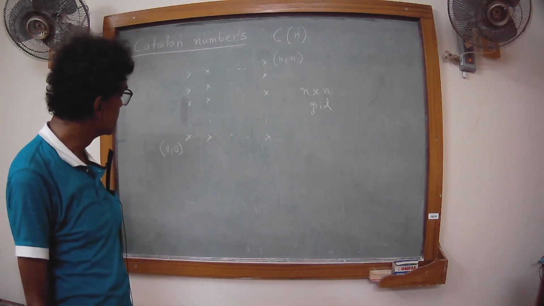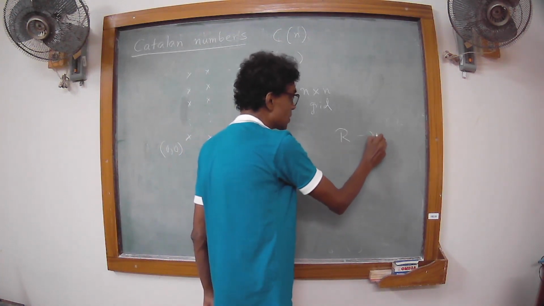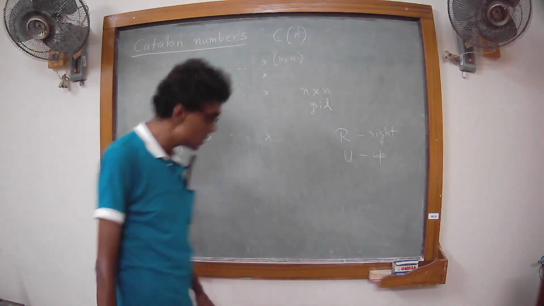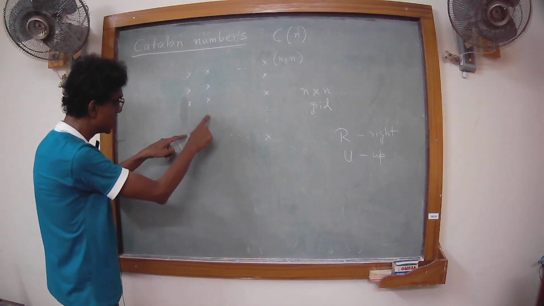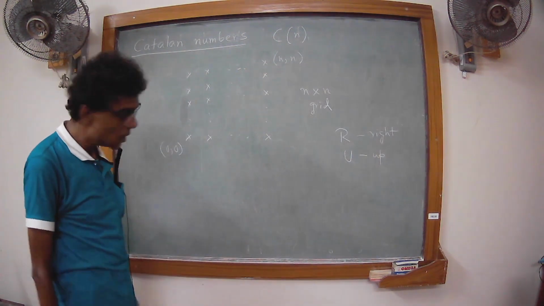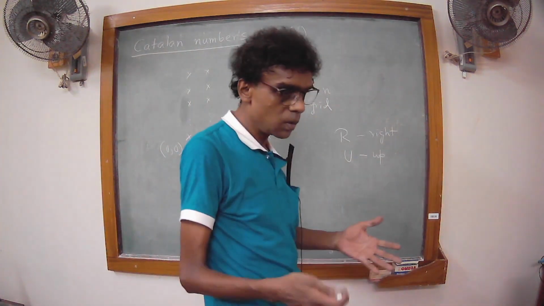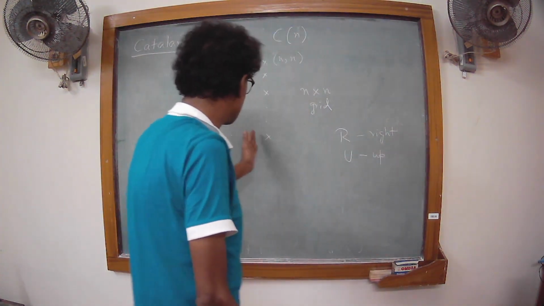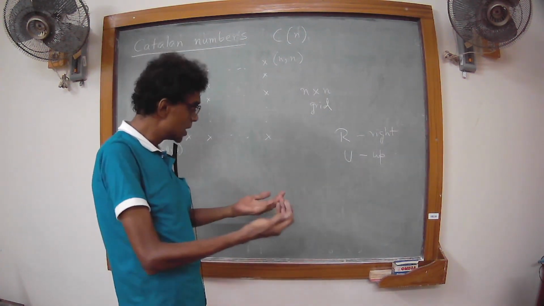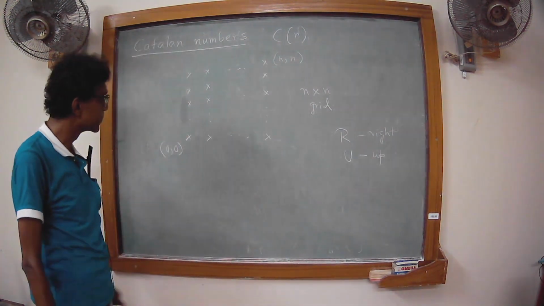And the only movements that are allowed are either move right or move up. So, for example, you can start here and go along a path like this. So it is a choice of R and U, and you should never go outside this grid, because in that case you would have to have some retrograde movement, left or down.